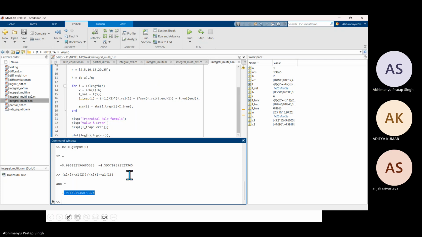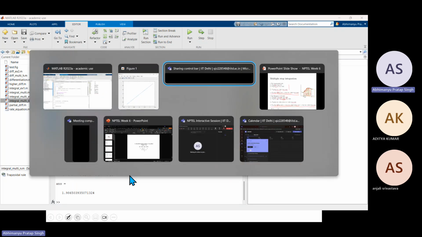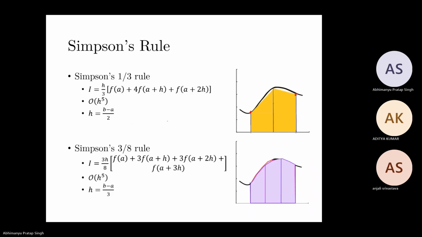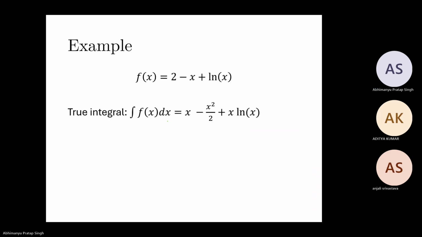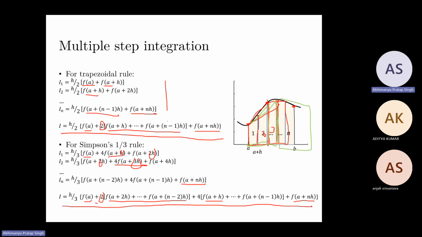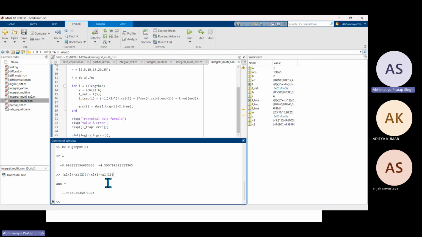Which is similar to my, I think I missed one slide. So this is close to 2. So with each increment, my overall global approximation is of the order h square, which is one less than the local truncation error, right?